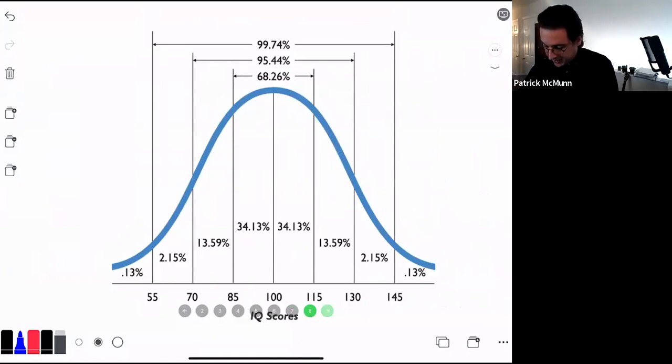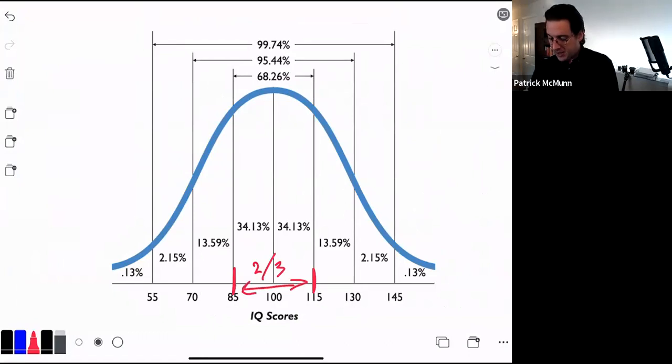So they posited that 2/3 of the population fall within the 85 to 115 range. This is what we would consider normal, right? A smaller percentage, around 15%, fall outside of the 85 and 115.